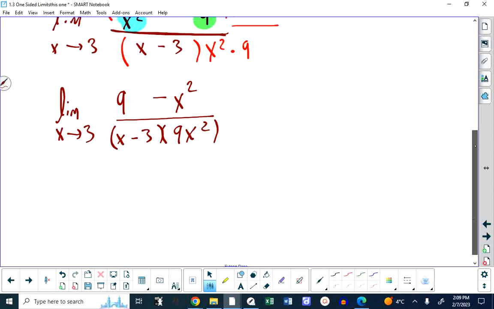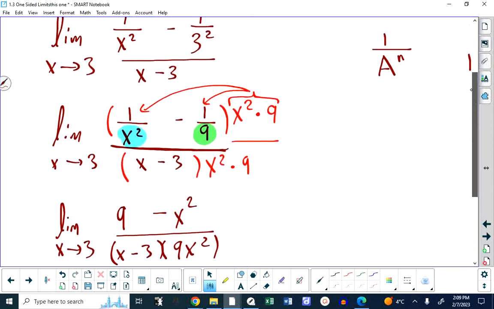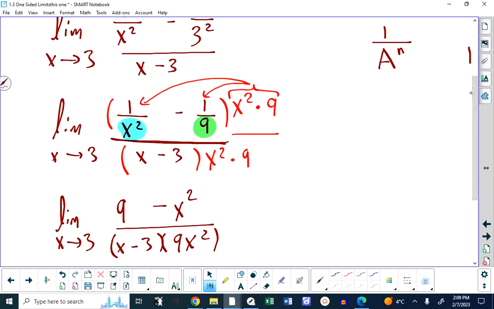And the point I've tried to make over the past few days is that when you're using your tools of rationalizing or factoring, you're doing it with one part of the expression in mind. We're focusing right now on the numerator of this. What I've tried to highlight is if you're focusing on the numerator, don't multiply out the denominator.